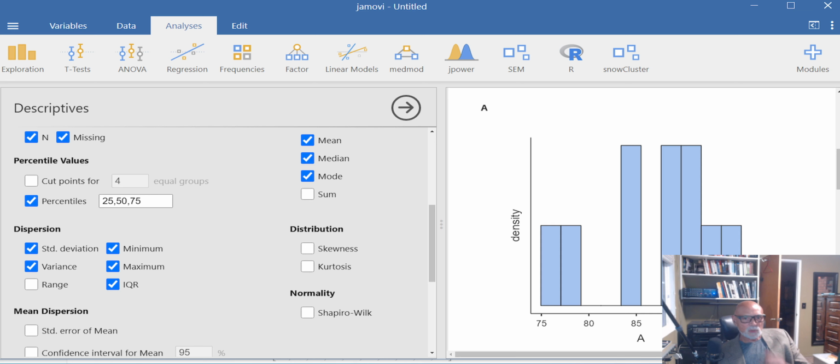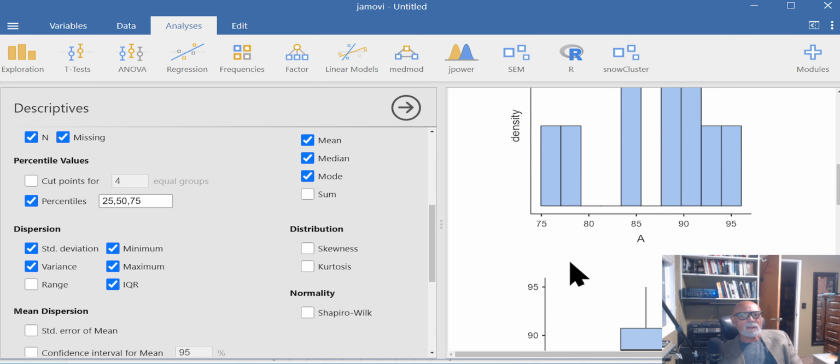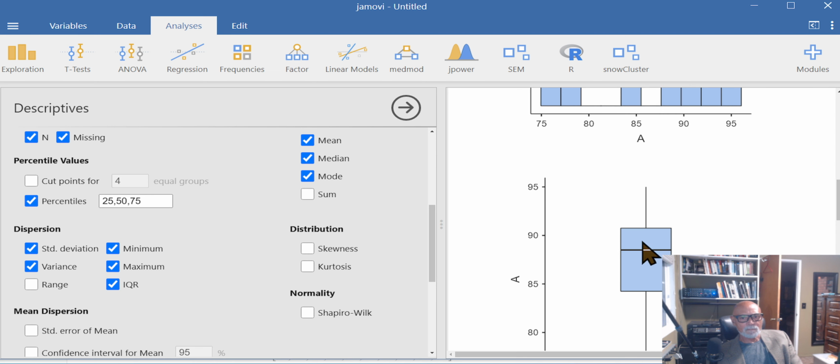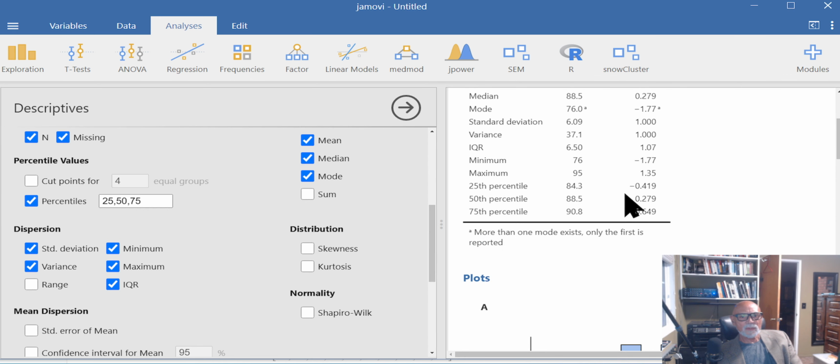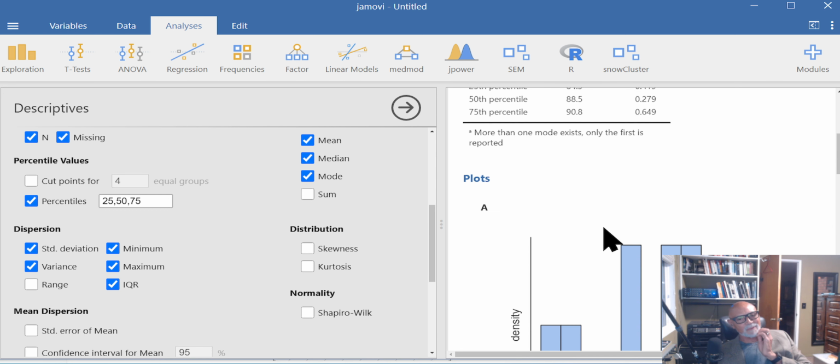But this one is sort of symmetric, but because of the gaps, I wouldn't trust it with accurate scores. But here's our interquartile range right here, between I think about 84 and 92. Let's see what it is. It is between 84.3 and 90.8, 91.